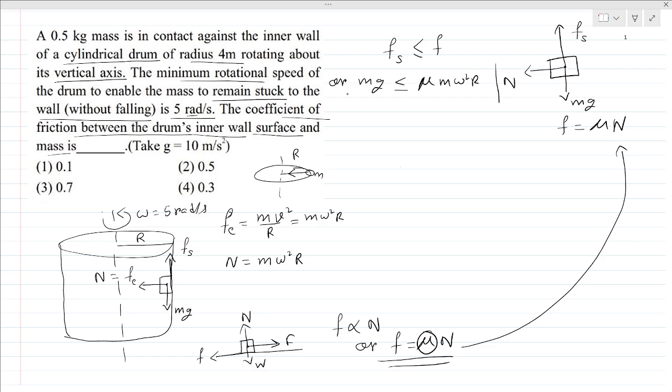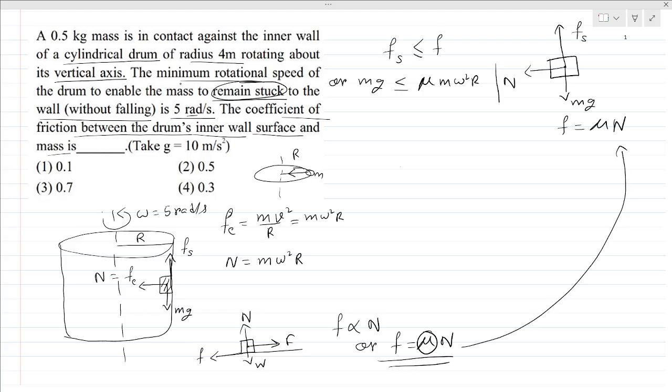Again, I am repeating this concept. If the object is stuck on the wall, then without the rotation of the drum, the object must fall downwards, towards the ground. Then the friction, if I take it as Fs, when the drum is rotating, obviously Fs should equal mg because it remains stuck. That is given in the question.